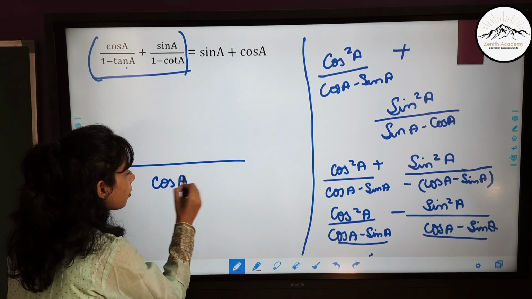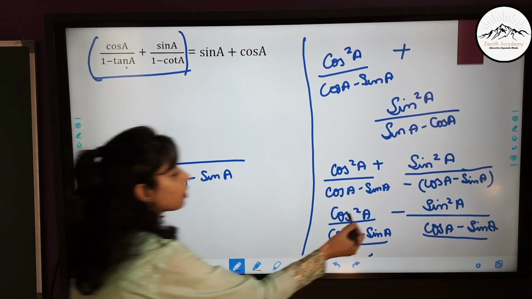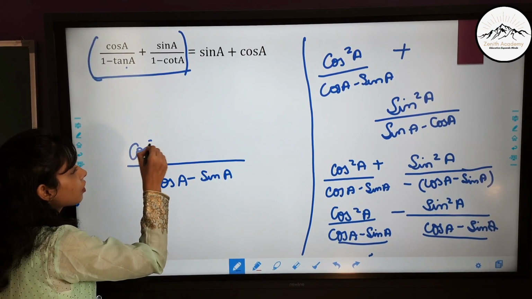It will be cos A minus sin A. What is in the numerator? Cos square A minus sin square A.